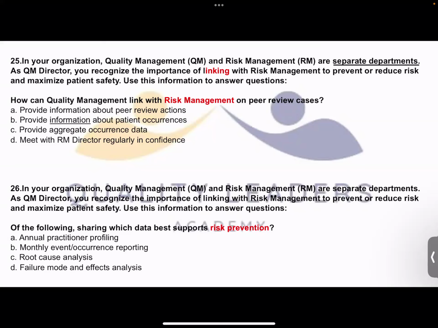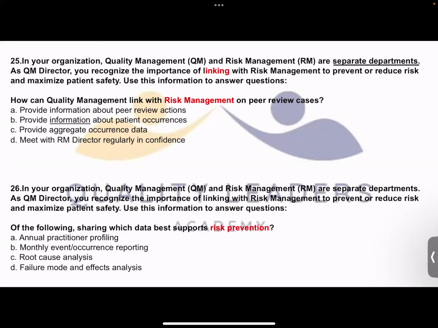How can quality management link with risk management on peer review cases? A. Provide information about peer actions. B. Provide information about patient occurrences. C. Provide aggregate occurrence data. D. Meet the RM director regularly in confidence. What's your answer? B. Provide information about patient occurrences.